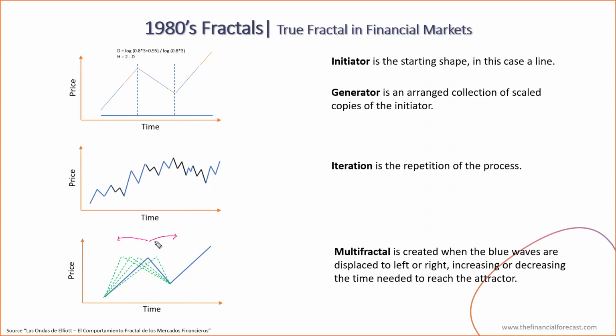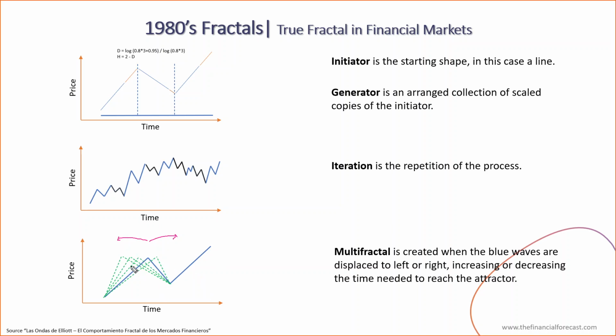What I'm saying with this is that we have a balance between price and time, and that will give us a 45-degree angle. When we break that balance and time goes faster than price, then we move the graphic or the wave to the left side. And the opposite, if time goes slowly, we move the wave to the right side.